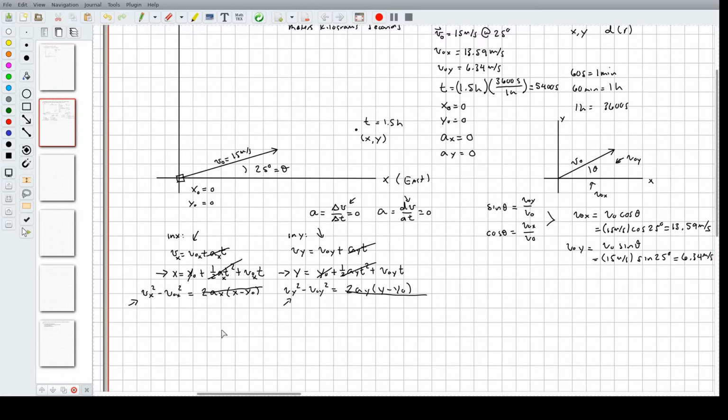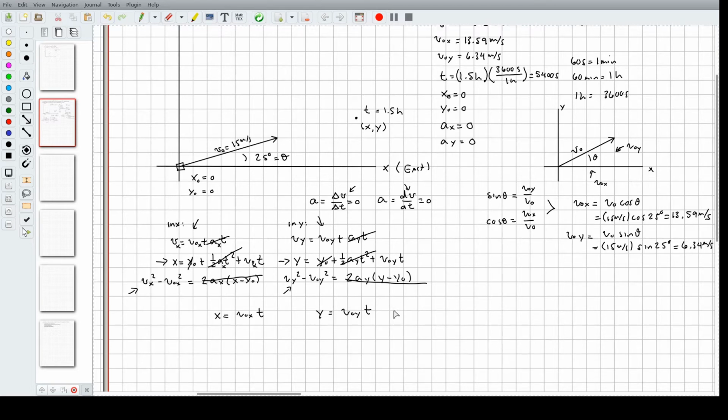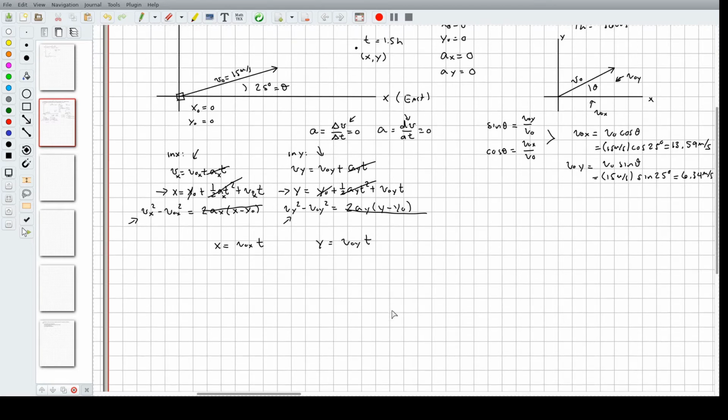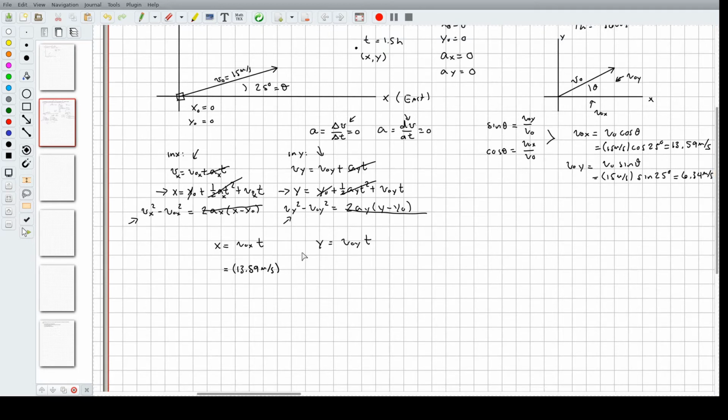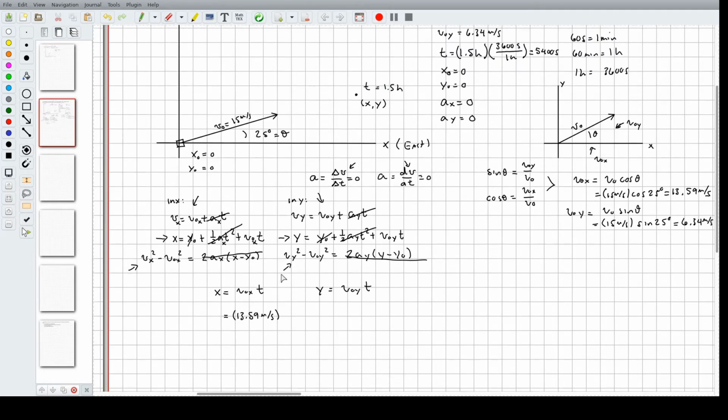So, x is equal to v naught x times t. Y is equal to v naught y times t. Now, let's plug in the information that we have here. Let me just scroll down a touch. V naught x is 13.59 meters per second, and t up here is 5,400 seconds.